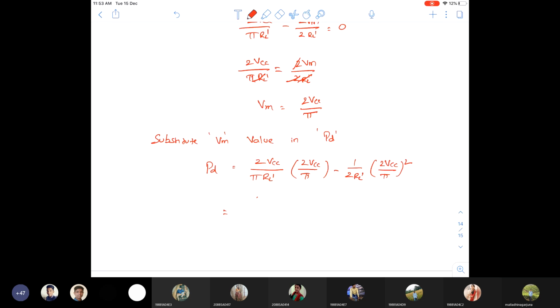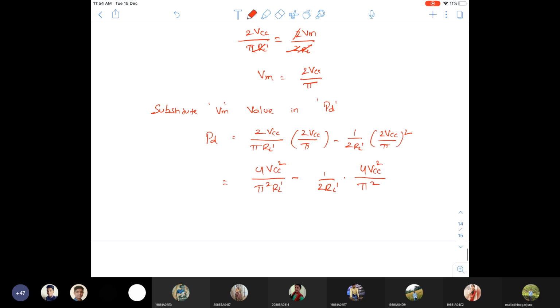So 4 VCC square by pi square RL dash minus 1 by 2 RL dash into 4 VCC square by pi square. Okay, so that is equal to 4 VCC square by pi square RL dash minus 2 VCC square by pi square RL dash.